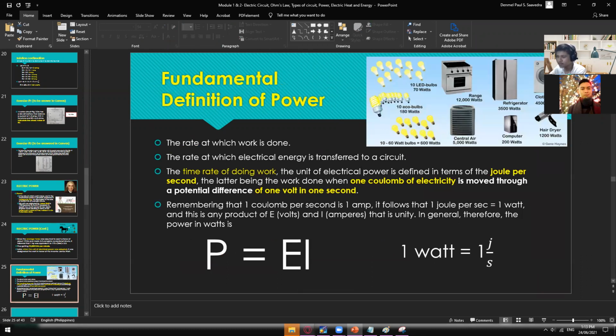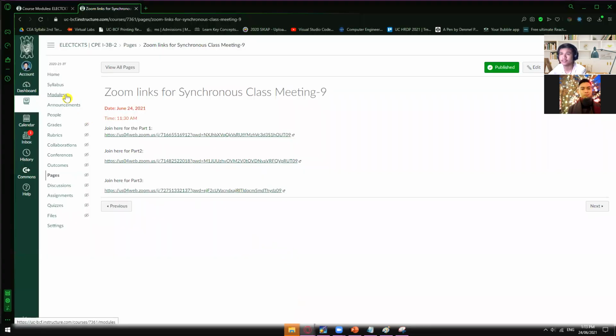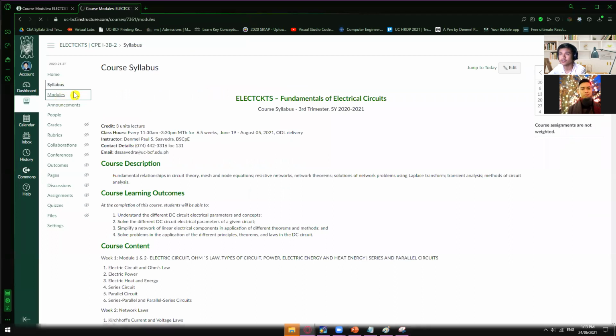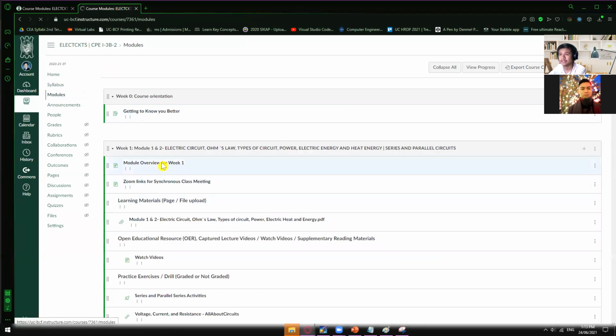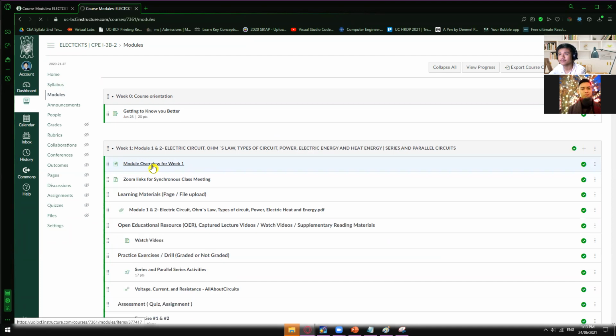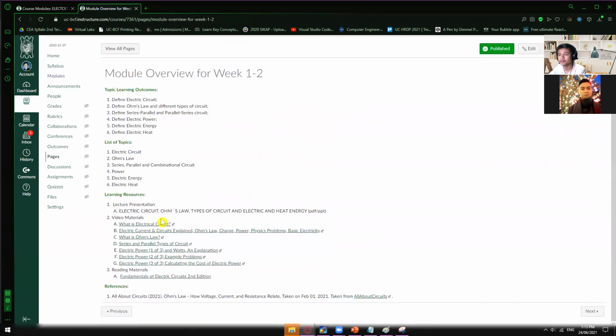If you want more explanations, just go to modules. You can visit this one, electrical power. There are three parts. The first explains the wattage, how they came up with that power, one watt is equal to one power, etc. The second one is example problems.